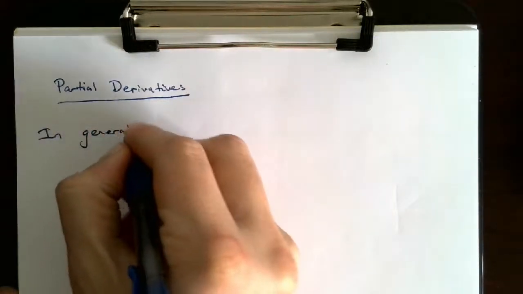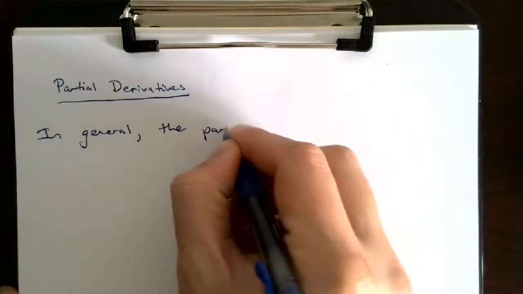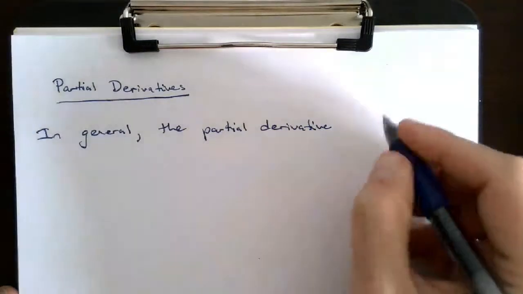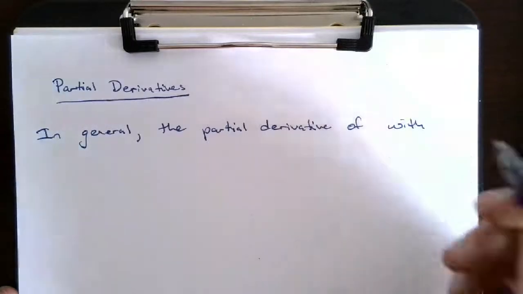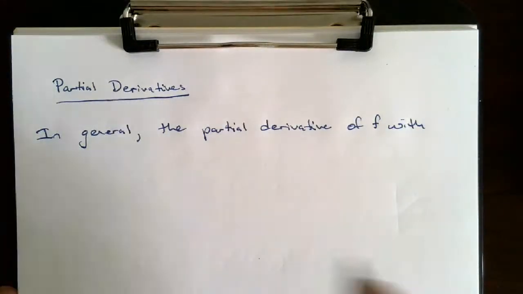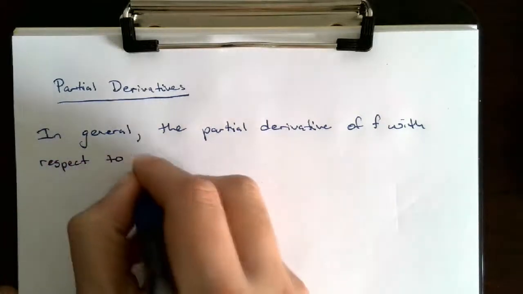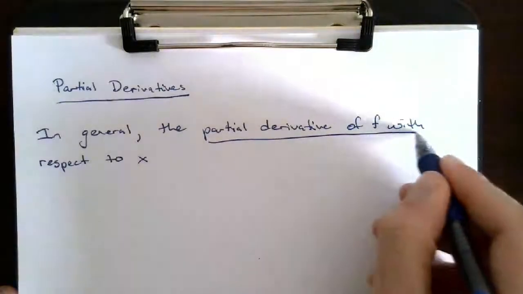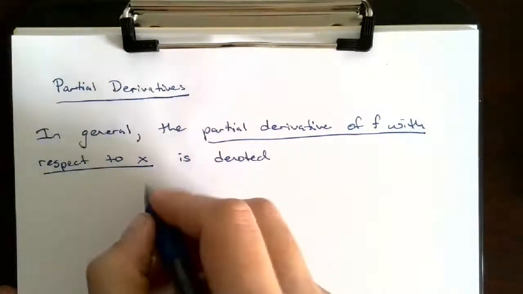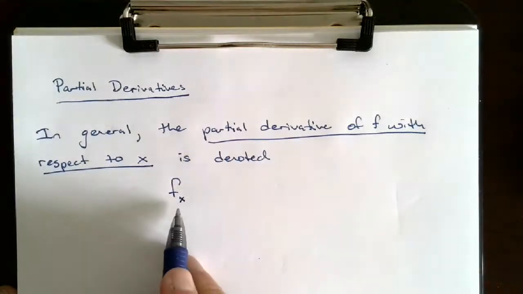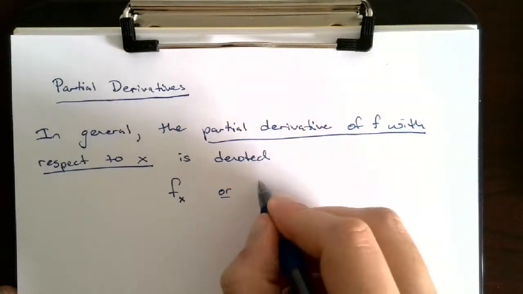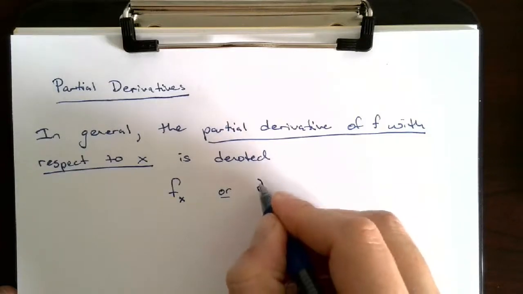So in general, the partial derivative of f with respect to x is denoted either as f with a little subscript x, which means take the partial derivative of f with respect to x, or in the Leibniz notation, where we use these curly d's instead of the regular d we have when we're taking the derivative.